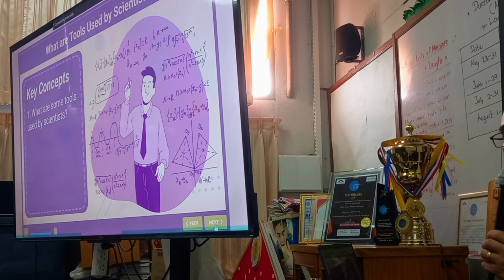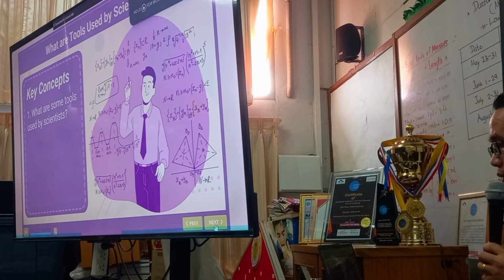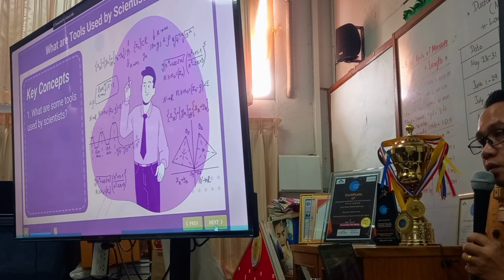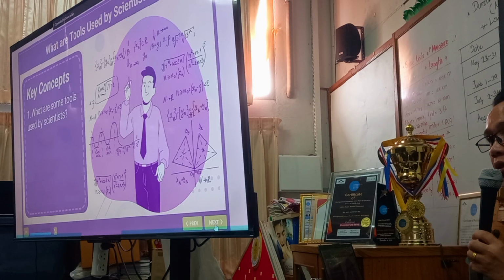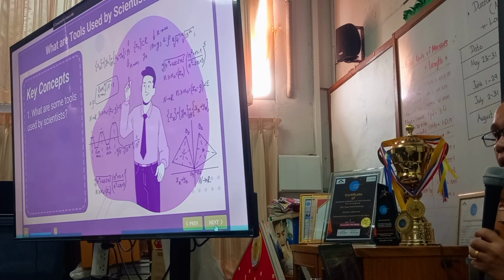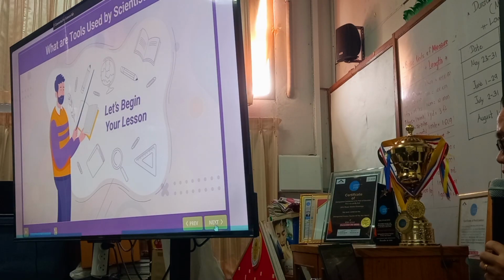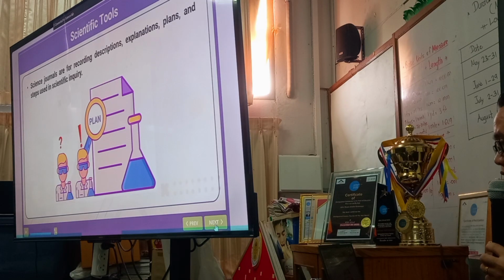So there are a few important tools that we should prepare, especially for scientists or even students like you guys, since you are still developing your measuring skills and counting ability, especially in the application of mathematical computations or scientific application. So what are the tools used by most scientists?